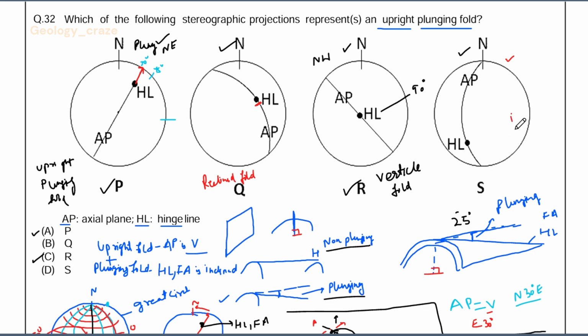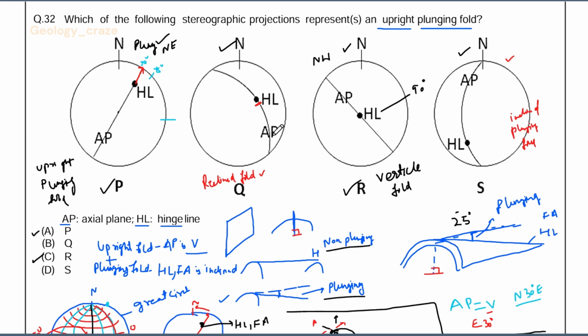This is also an inclined plunging fold, but it has a name because both the things are dipping in the same direction. Reclined fold, and the angle is between 80 to 88 or something like that. You can call it a reclined fold.